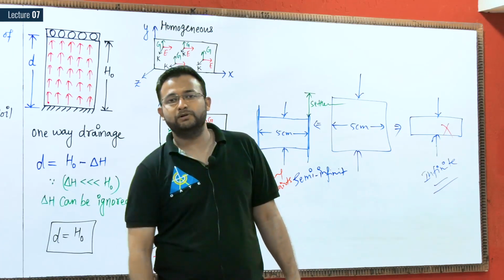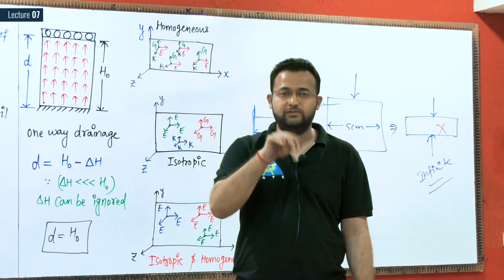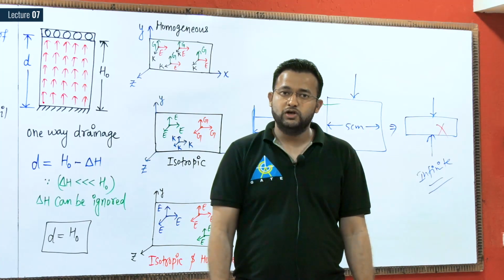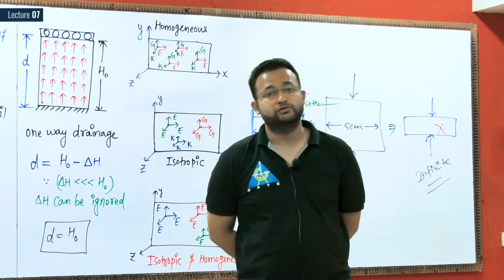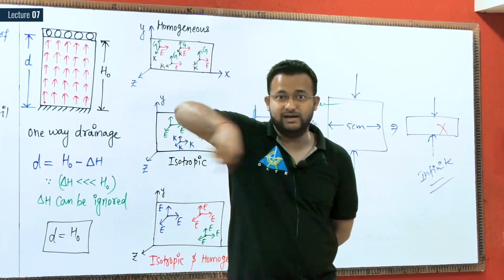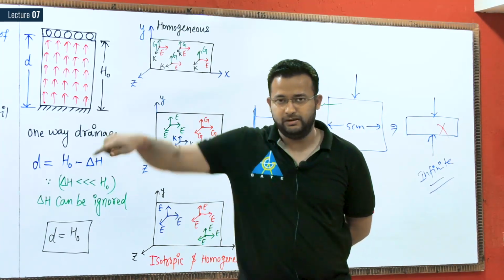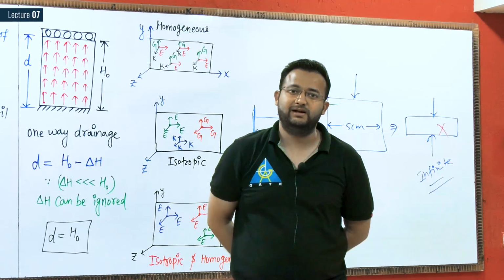Means your soil sample should be finite in one direction and semi-infinite in another direction. So your soil sample should be finite in the direction of depth, and infinite in the direction of area. It's a lateral dimension, maybe x, maybe z, but in the direction of y it is finite.